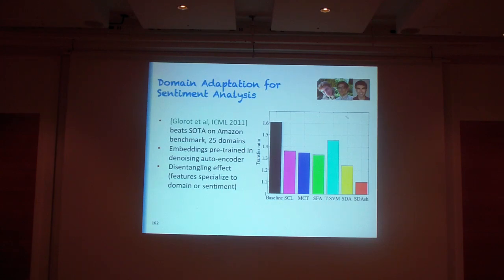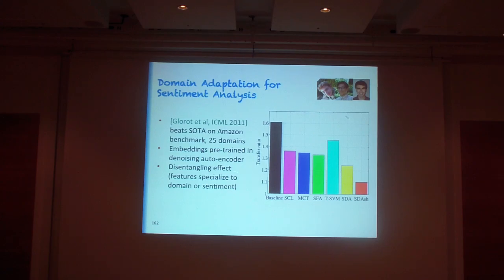So this is the quality of the transfer, so the smaller is the better. For different methods, the state-of-the-art here is SFA on that data set, and it gets about 1.3 something. With the transfer ratio, we go down to 1.1, and 1 would be sort of the theoretically optimal, saying that on the new data we're doing as well as on training domains.